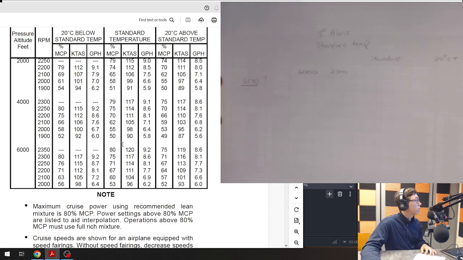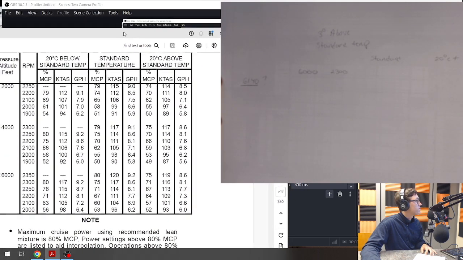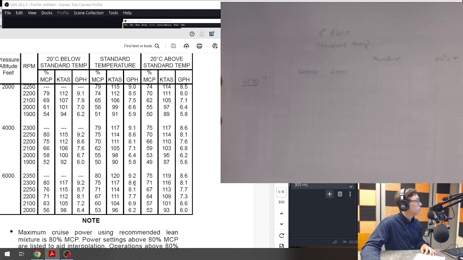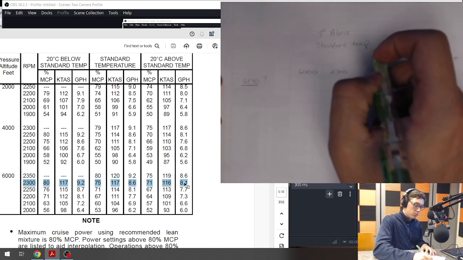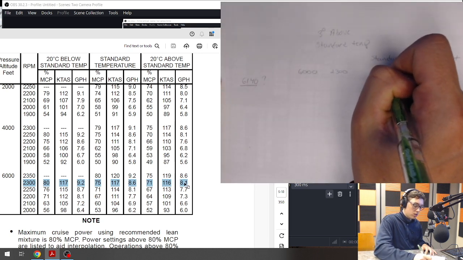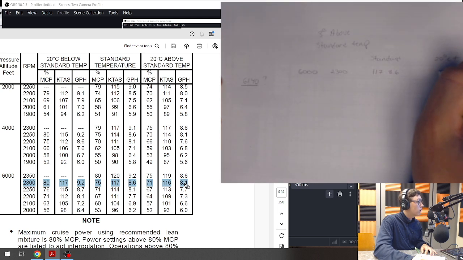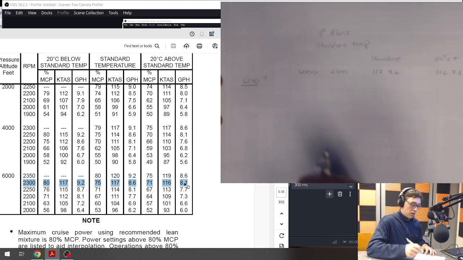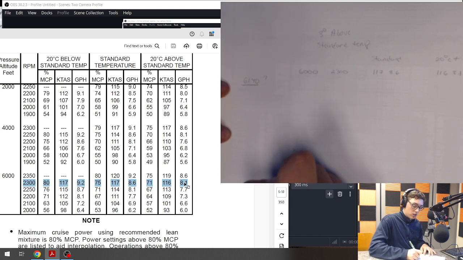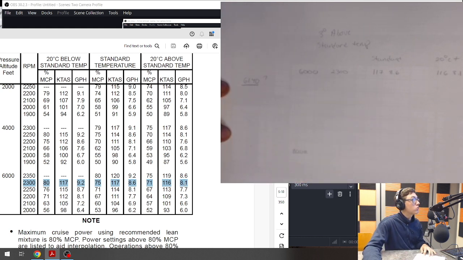So I'm looking over here. 117, 8.6. I'm looking in this column right here. That's all the numbers I need. 117, 8.6 gallons per hour. And then 116 at 8.1 gallons per hour. And then looking at the 8,000 range. Make sure you guys can see that.